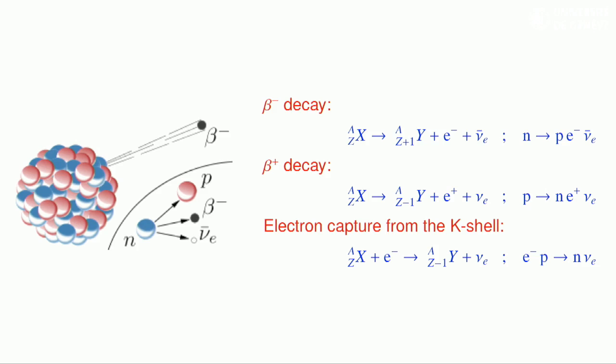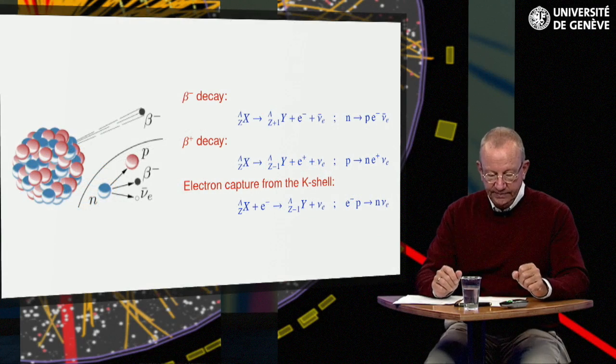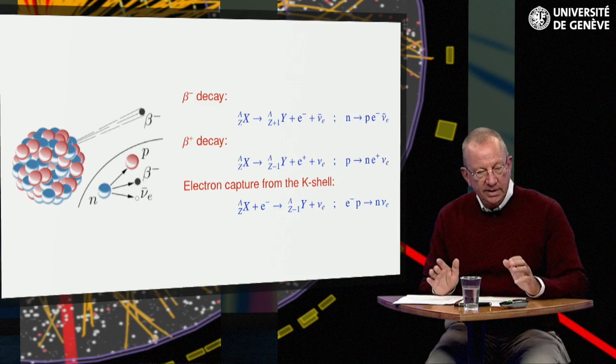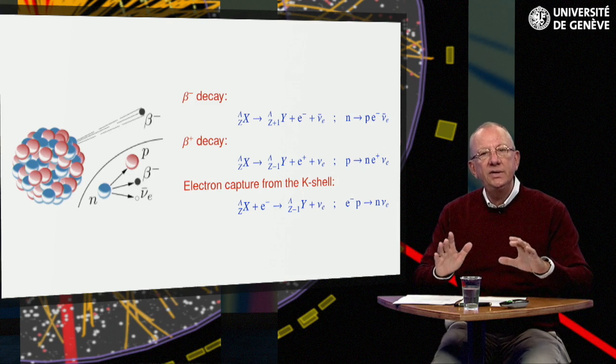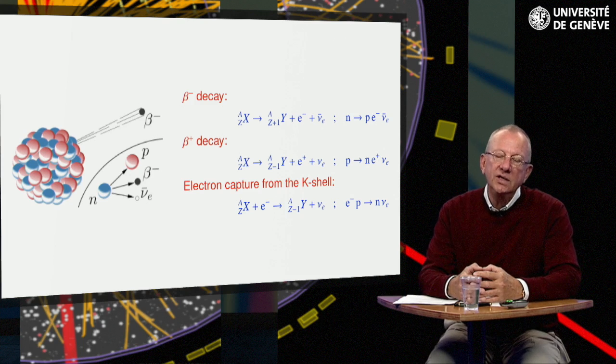In the contrary case, proton-rich nuclei, which have too many protons to be stable, can reach stability by beta plus decay, accompanied by neutrino emission. Since the proton is lighter than the neutron, this latter process can only happen for a bound proton, where the Q value is turned positive by a gain in binding energy.